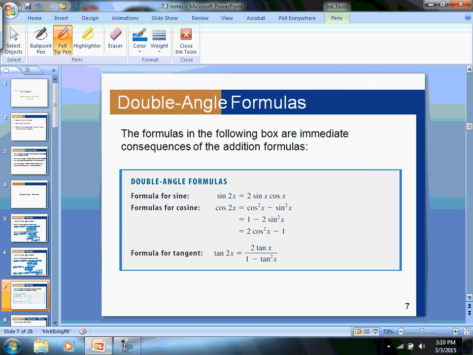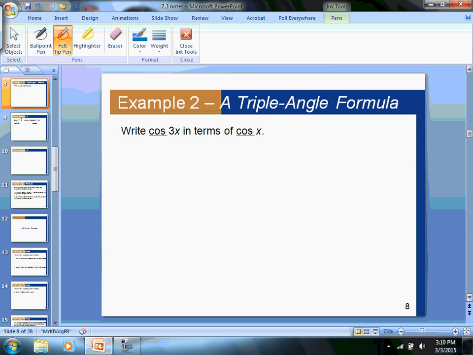Okay, so we have some examples then where we're just going to practice these. We're going to apply them. So in this example here, in example 2, we're going to kind of start off a little complicated here. And we're going to write cosine of 3x in terms of cosine of x.